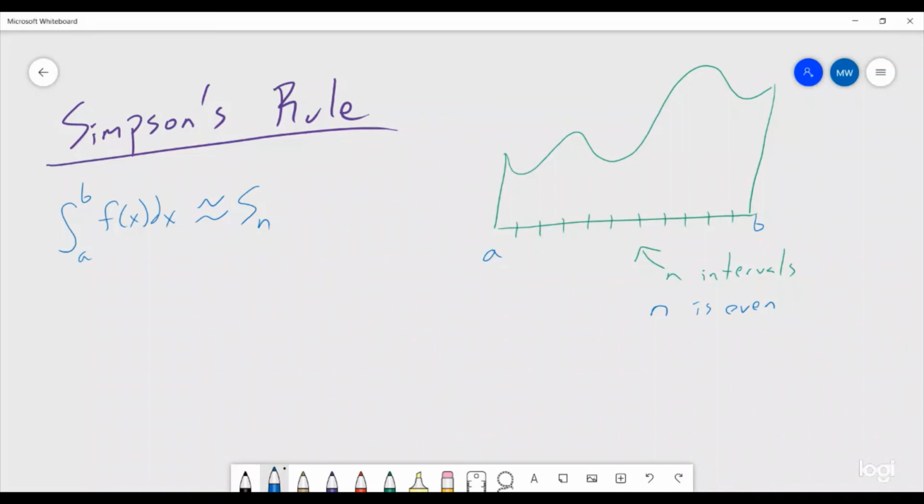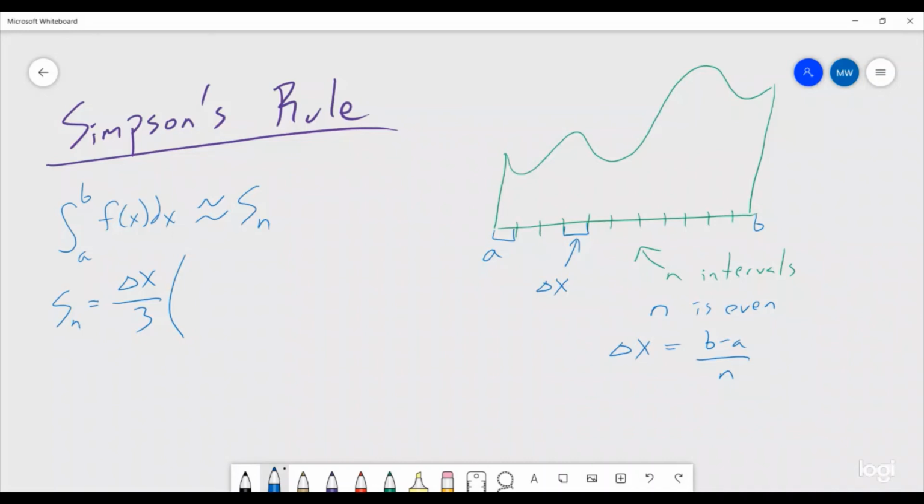So S sub n, according to Simpson's Rule, is going to be delta x over 3, and remember delta x is equal to (b minus a) over n. So basically just what is the length of each of these intervals. So this length, that is going to be delta x. So delta x over 3 times this pretty weird looking thing, but I'll explain what it is in a bit.